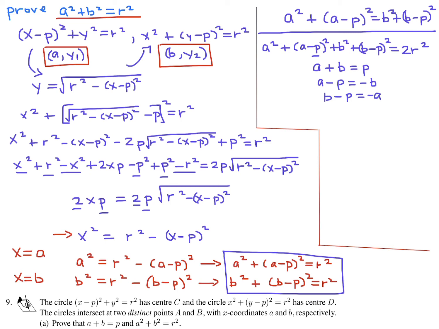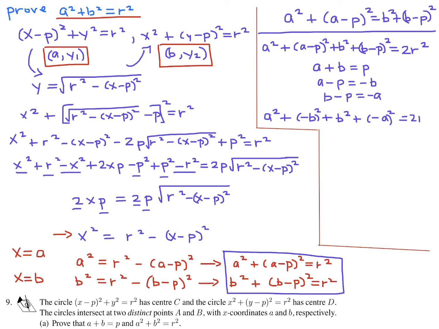And therefore, instead of having these p's there, we can put in our values of −b and −a. So a², but a − p is right here, negative b. So I get (−b)² like that. And then this guy, b − p, I can put in my negative a. So there you go.